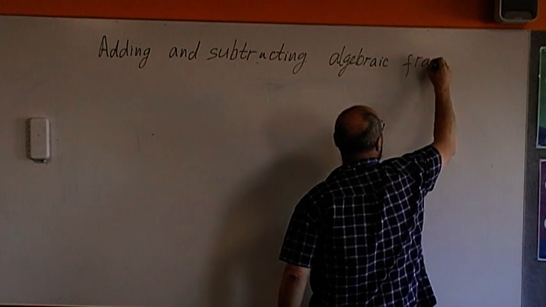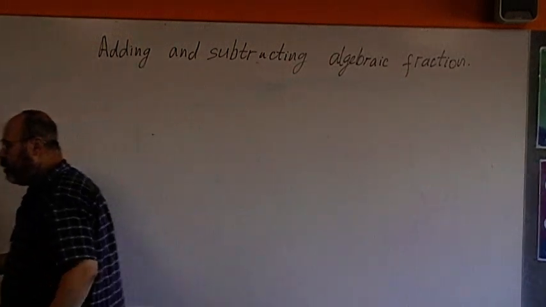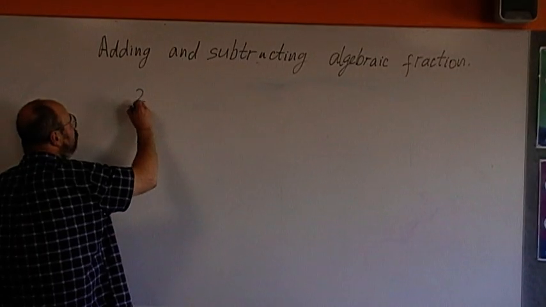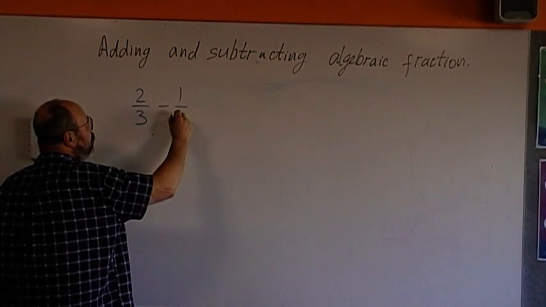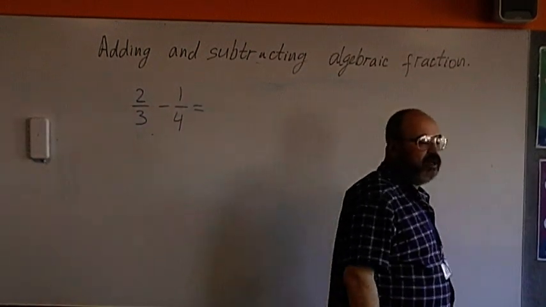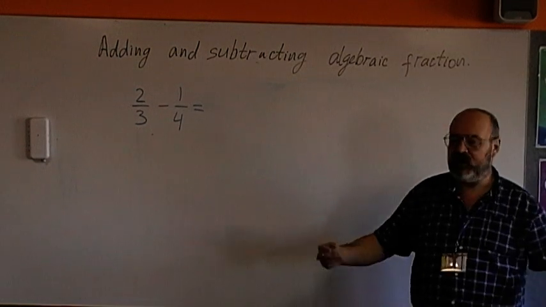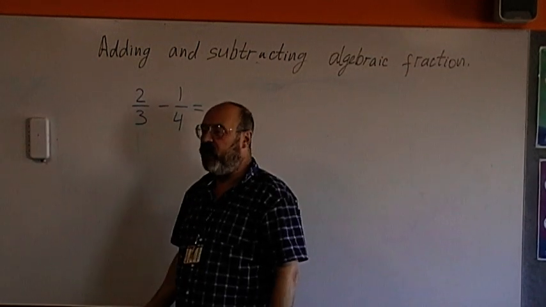So, first let's recall how we add or subtract the usual number fraction. For example, if you need to subtract 2/3 minus 1/4, what should we do? We need to find a common denominator, which is the lowest common multiple of those denominators, which will be 12.